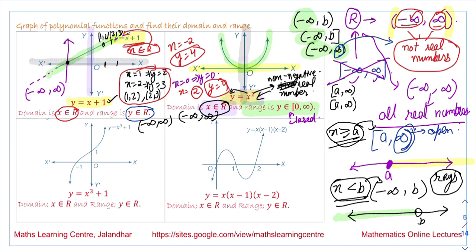Next we have the function y is equal to x cube plus 1. We have plotted this function, these are the x and y axes, and this is its graph.